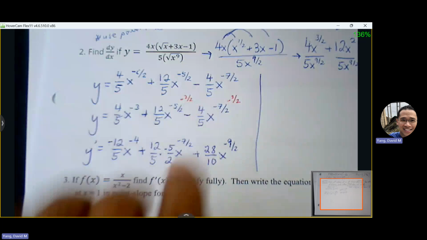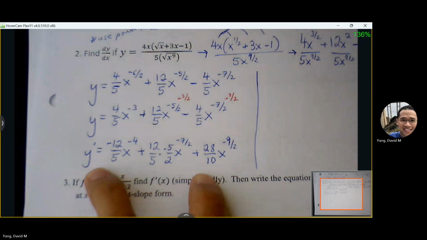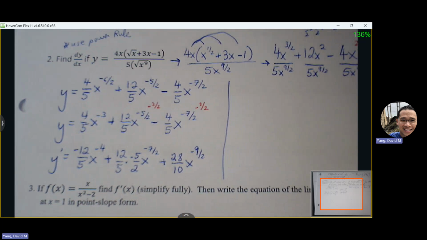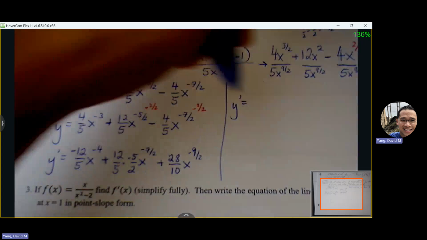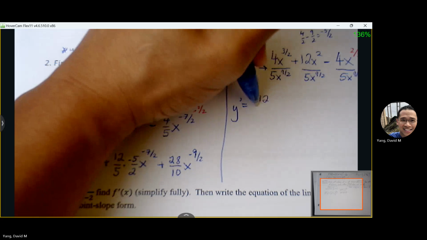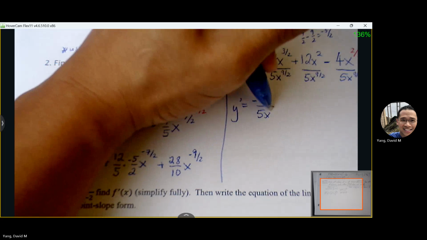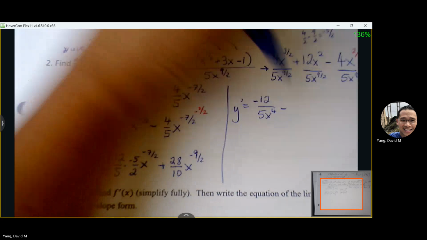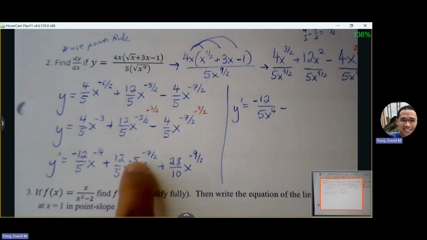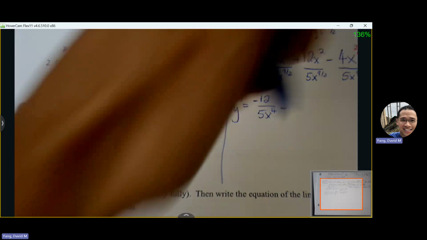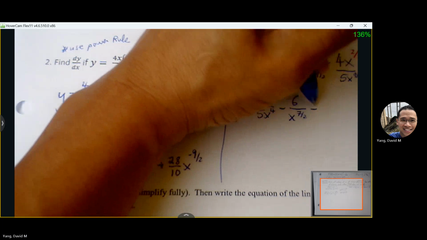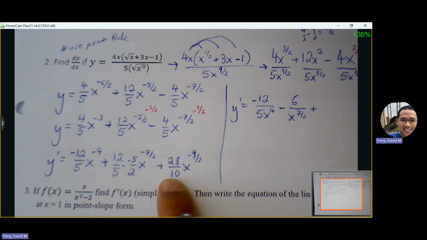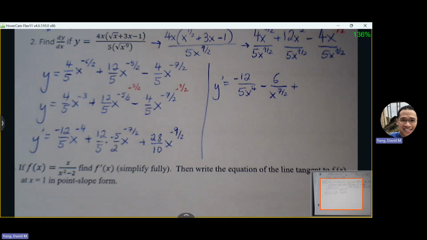Okay, now that we have our derivative, we're just going to try to clean up, pushing the negative exponents back down to the denominator. And then if I can clean up my coefficient, I'll do that as well. The 5s cancel out, the negative stays, 12/2 is 6, so it's -6 over x to the 7/2. And then 28/10, I'm going to reduce that to be 14/5.